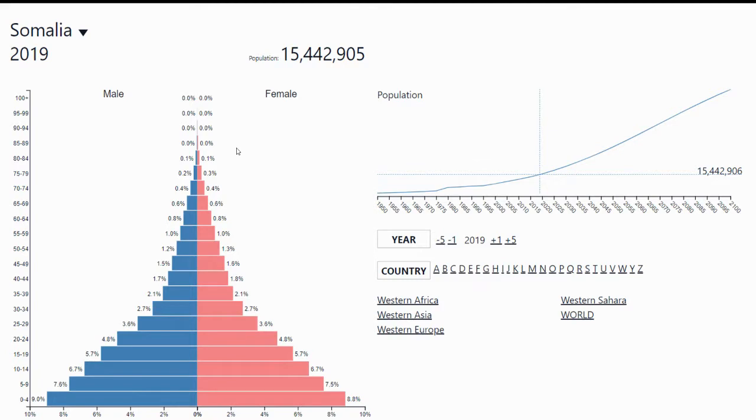People have lots of children because if you have 5 or 6 children in Somalia, perhaps only 1 or 2 make it to adulthood because of the healthcare situation. And so for that reason, there's lots of very young people, and it's a very wide bottom pyramid there with not so many people at the top. So that's how another country is built up.